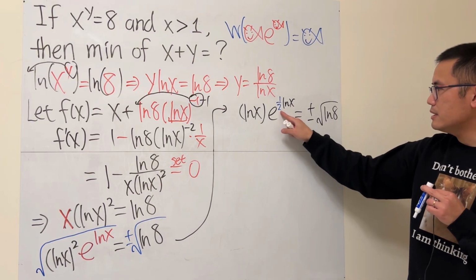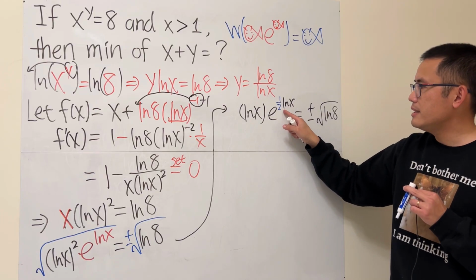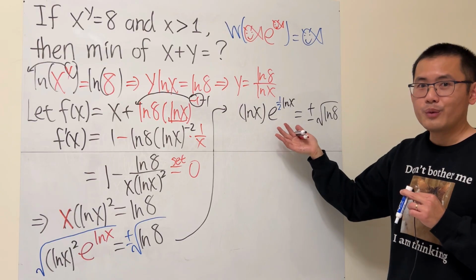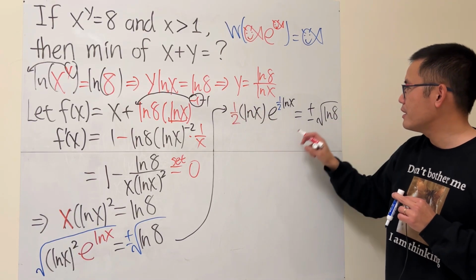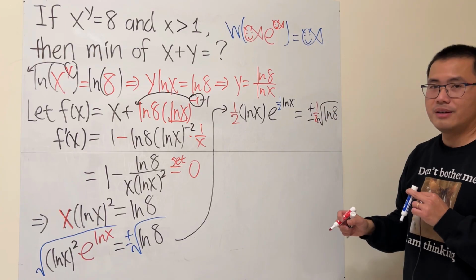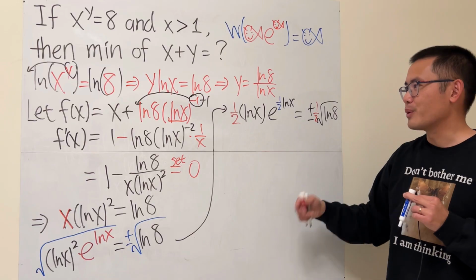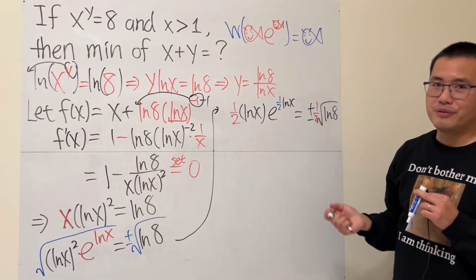Okay, so now this is kind of like our fish, yeah? But I need this to be the same as that, so how can we do it? Well, I need a 1/2. So why don't we just multiply this equation by 1/2? So multiply 1/2 here, and likewise multiply 1/2 here. Okay, this is exactly the same as that now, so congratulations, because we can then use the Lambert W function.